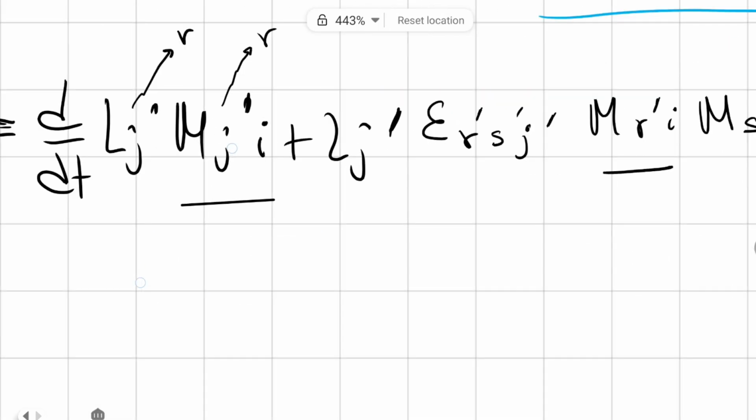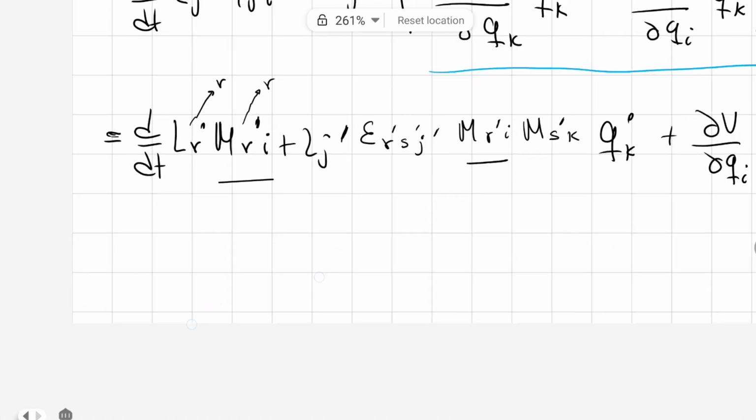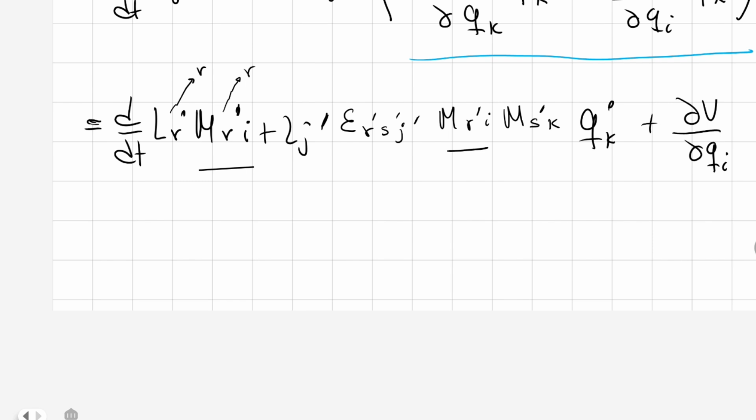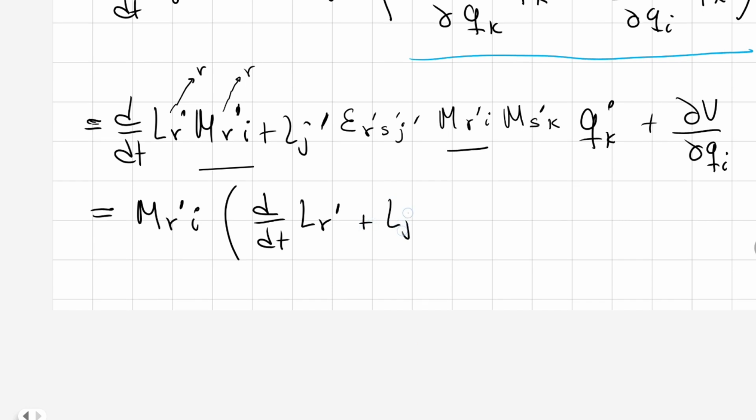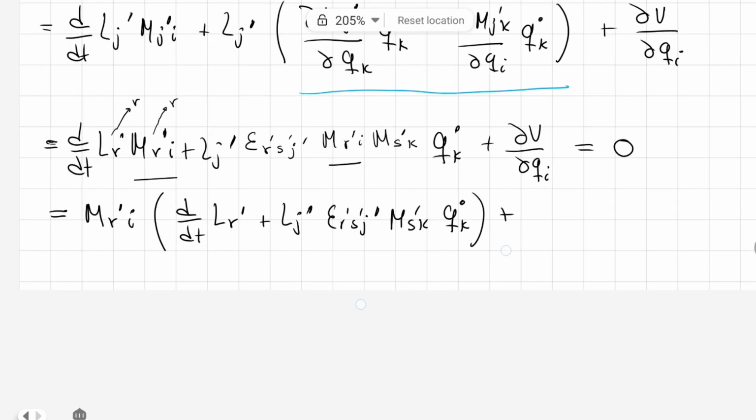So if we take the m_ri as a common factor, we are going to get m_ri, which is going to multiply the derivative with respect to time of l_r plus l_j ε_rjs m_sk q_k dot, plus the derivative of V with respect to q_i equals 0.